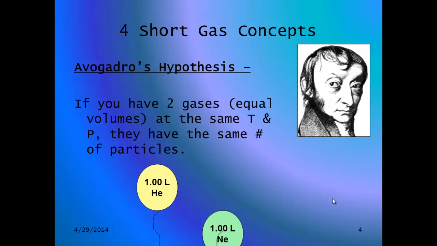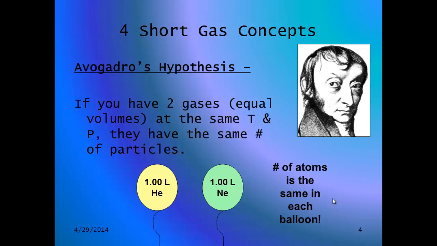Just a quick little visual here. If you had two balloons and one of them had a liter of helium and one of them had a liter of neon, you would have the exact same number of atoms in each balloon, assuming you're holding the balloons side by side. Same temperature, same pressure. This hypothesis is the reason that that 22.4 liters always comes out as 22.4 liters.